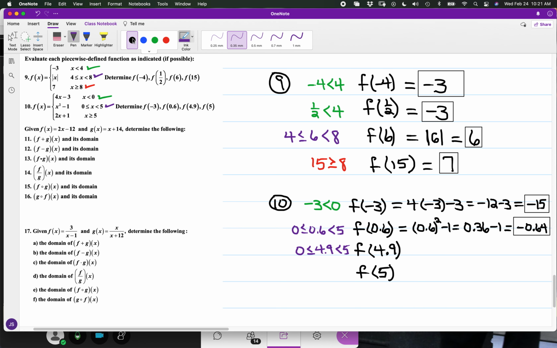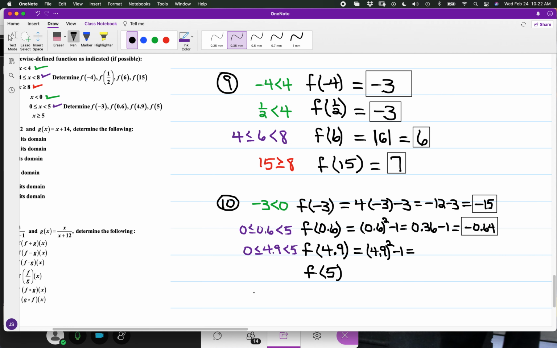And that is also going to be given the x squared minus 1 treatment. So 4.9 squared minus 1. So for 4.9 squared, this is going to be 24.01 minus 1. And we're going to have here, okay, this will come out to 23.01.